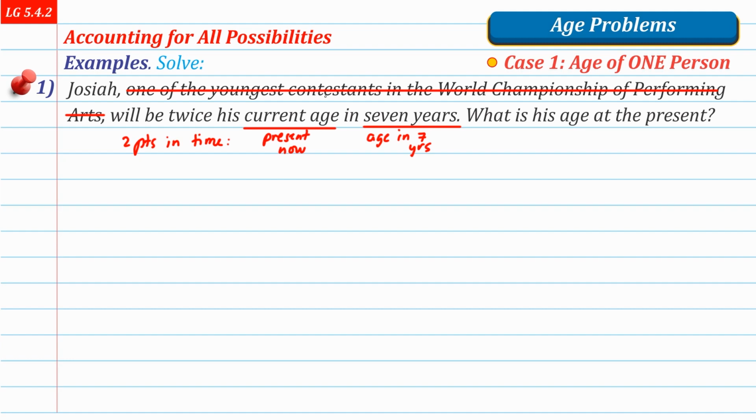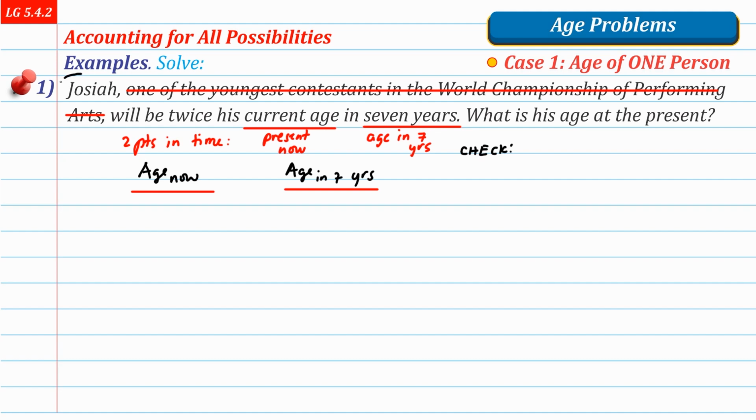So, yan yung kino-compare natin. Okay, so ilalagay ko dito, kailangan pala dalawa. May first condition tayo, meron tayong kailangang i-trial and error. So, lalagyan ko dito, age now and age in 7 years. Ito yung mga ita-trial values natin. And then, i-check natin yung ano ba yung kailangan natin i-satisfy?